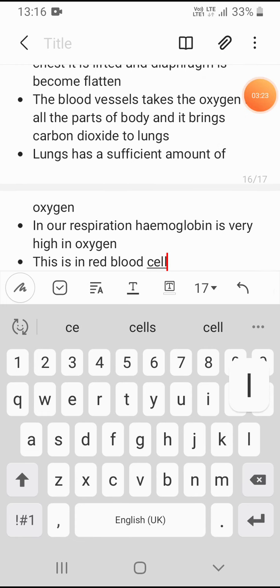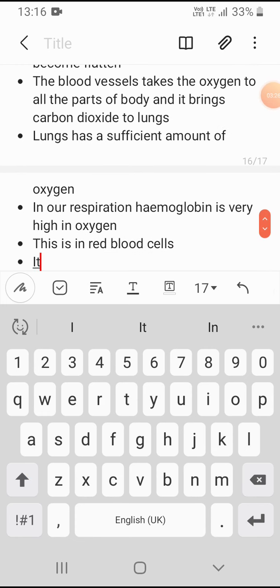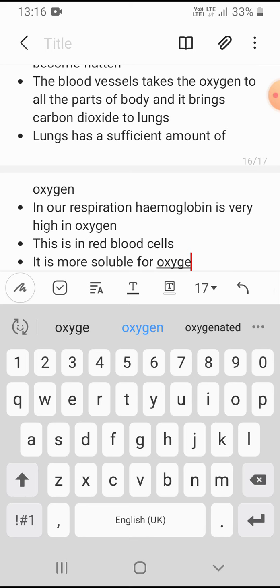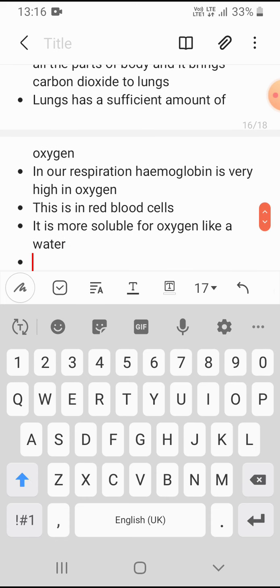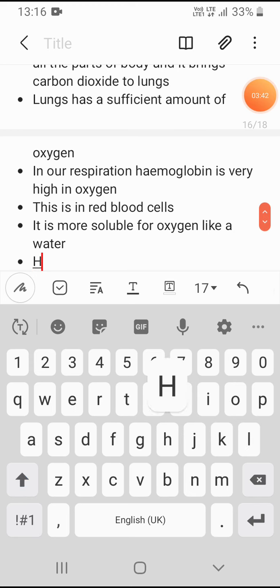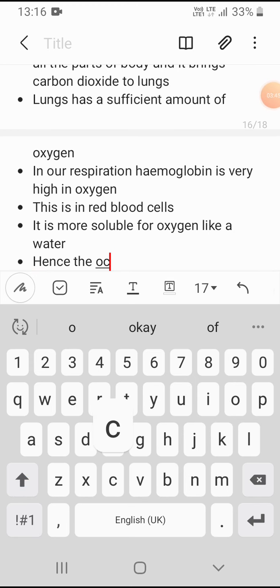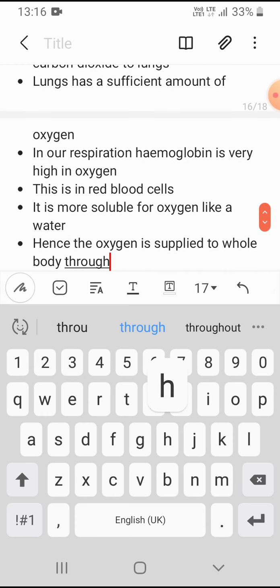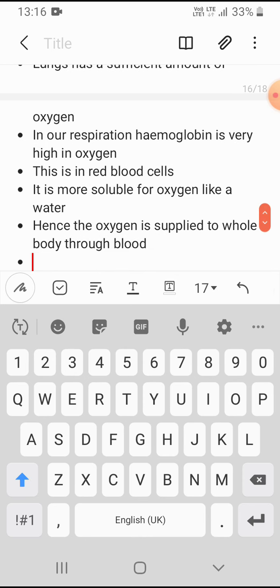So in red blood cells we can find this hemoglobin, and it is more soluble for oxygen, like water. Like water it dissolves the oxygen. Because of that, the oxygen is supplied through blood to the whole body, because the blood can store more oxygen.